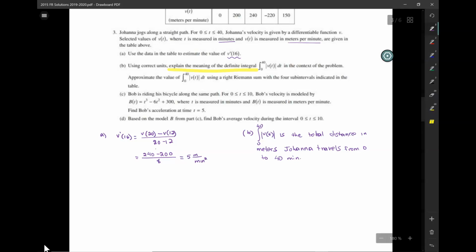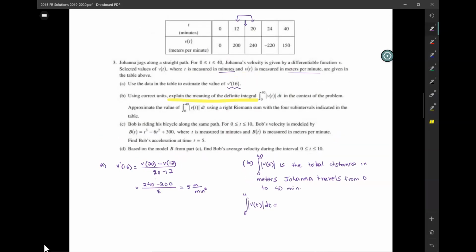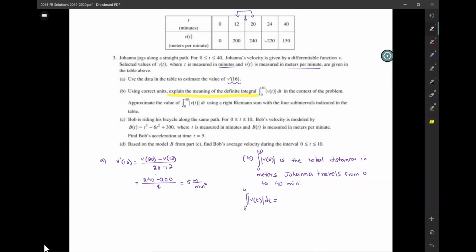Now, Riemann sum. So now we got to do the Riemann sum. If it's the right Riemann sum, first we're going to do 12 times, I'm going to start with the 200, plus 20 times 240.